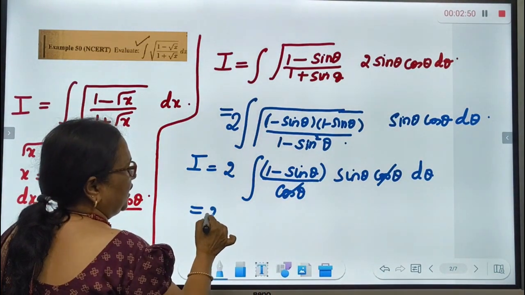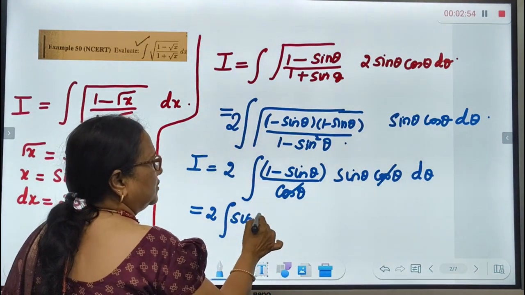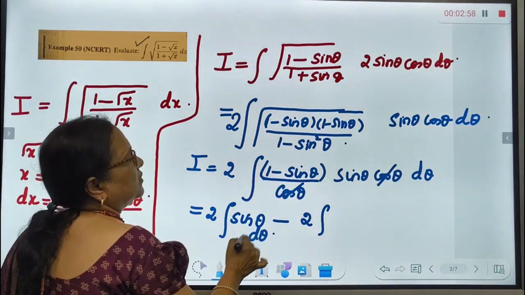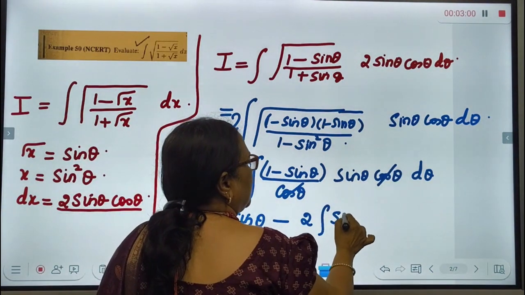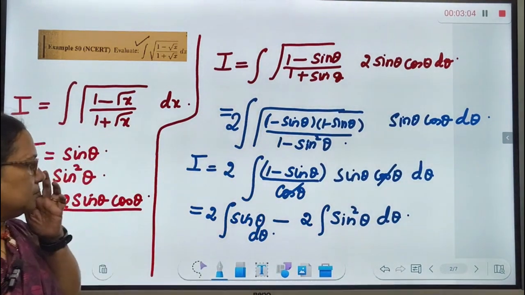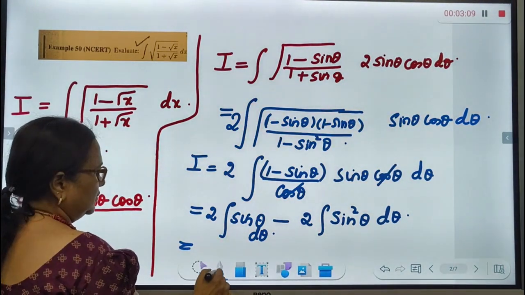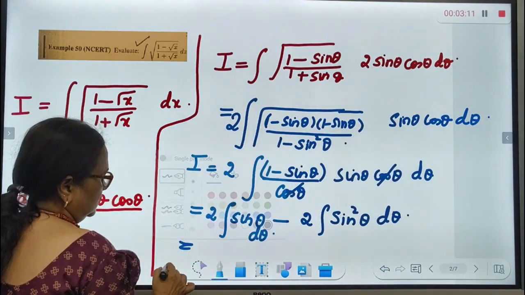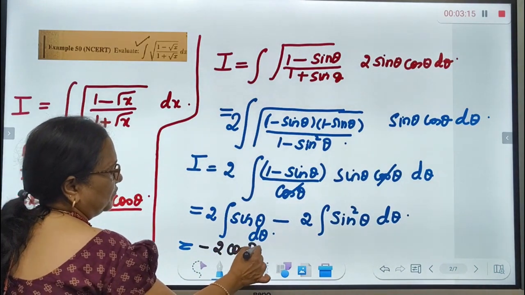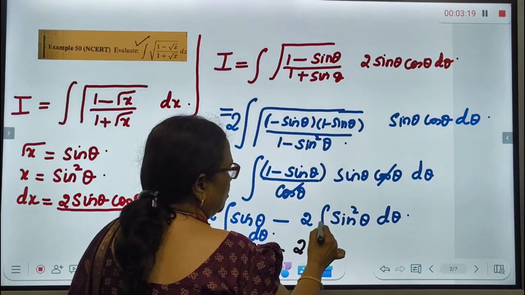So this will be the integral of 2 times sine theta minus 2 times sine square theta d theta. Now this will be minus 2 cos theta minus 2 into sine square theta.